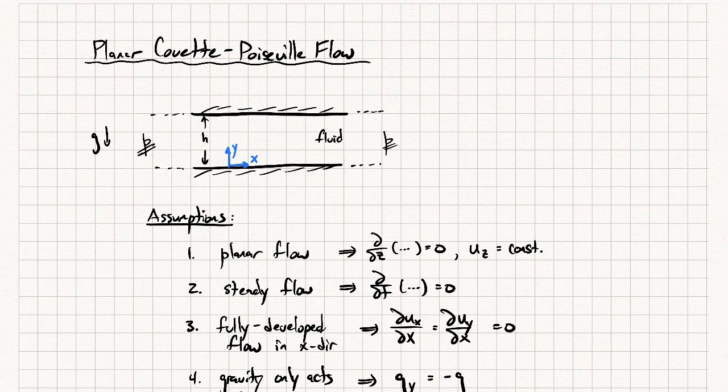So let me draw a little picture over here. If we have a little fluid particle, and the pressure on this side is larger, let's say it's P plus dp dx times dx, and the pressure over here is just P, then that little piece of fluid will be pushed along, of course, in that direction, right?